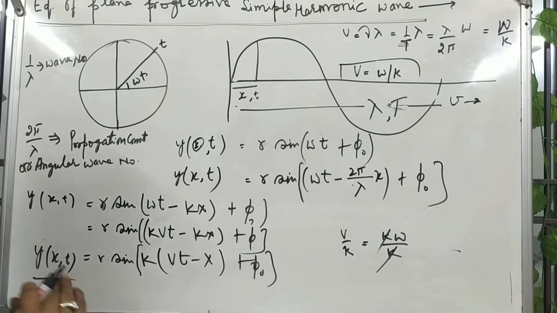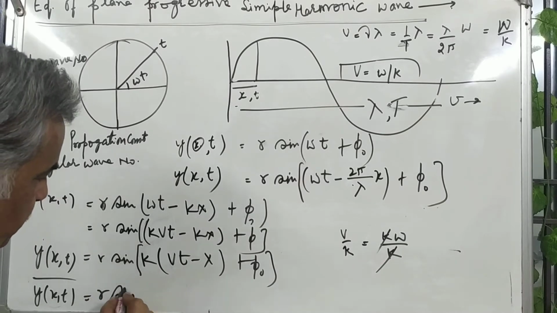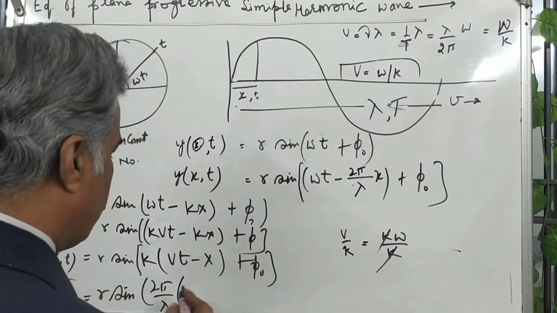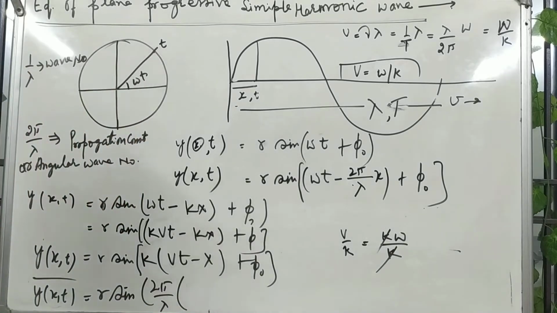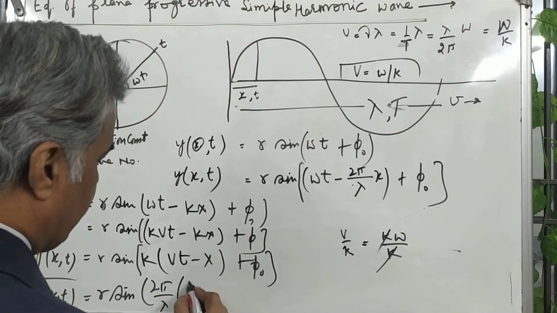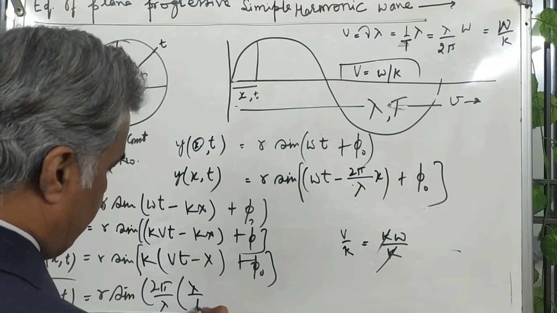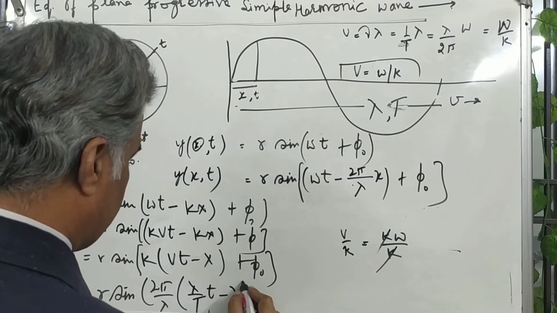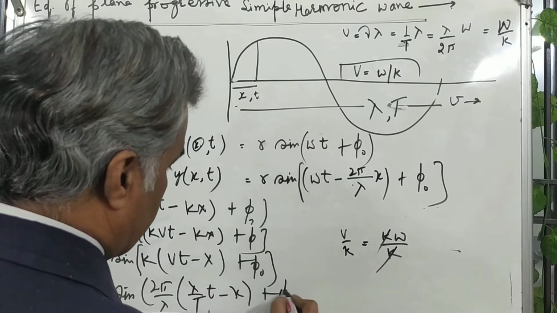Further, you may represent this y(x,t) equals r sine of k, where k is 2 pi by lambda, times vt minus x plus phi naught. For velocity, distance upon time, you may write lambda upon T into t minus x plus phi naught.